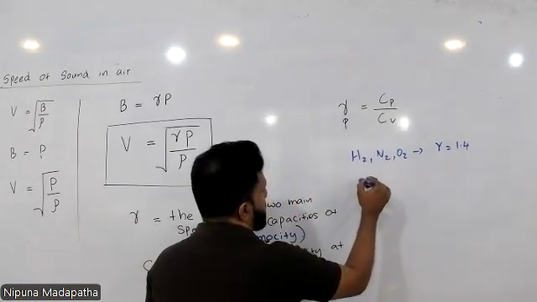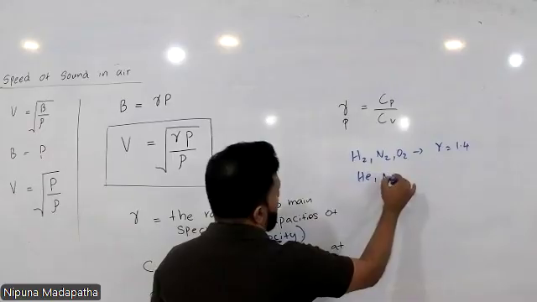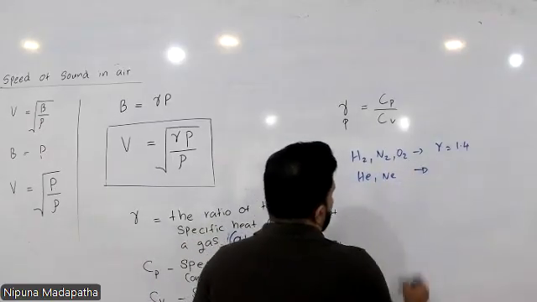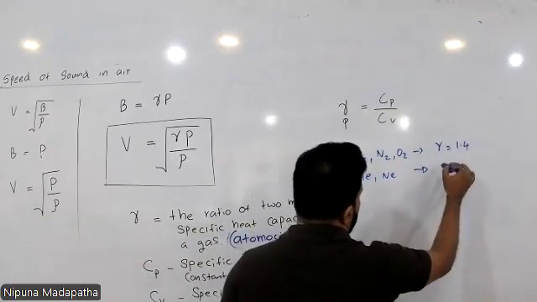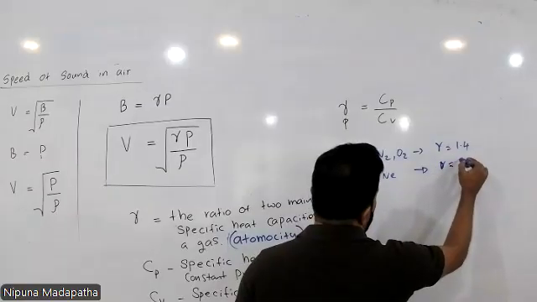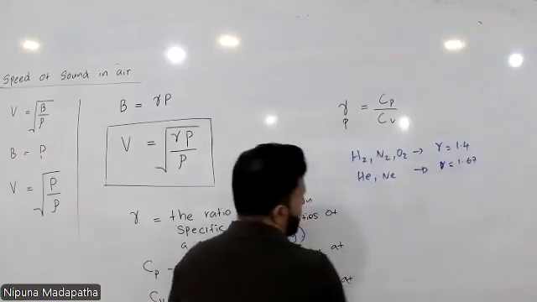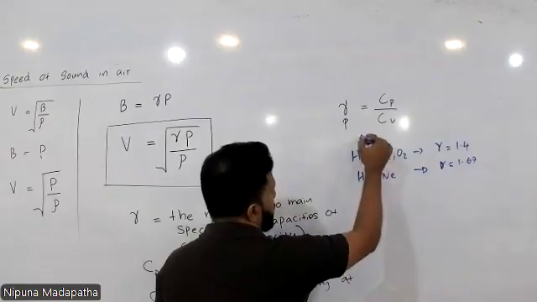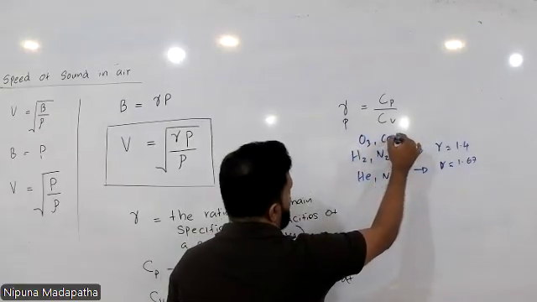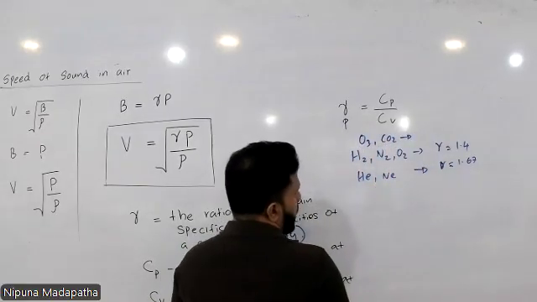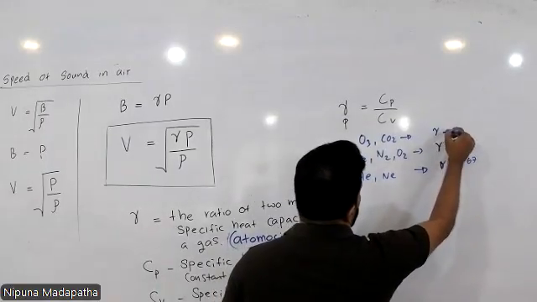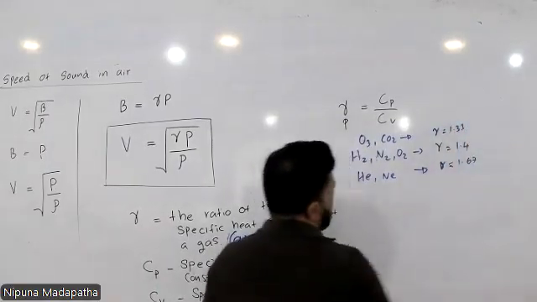For the monatomic gases like helium and neon, this gamma value is nearly 1.67. For CO2, the gamma value is nearly 1.33.